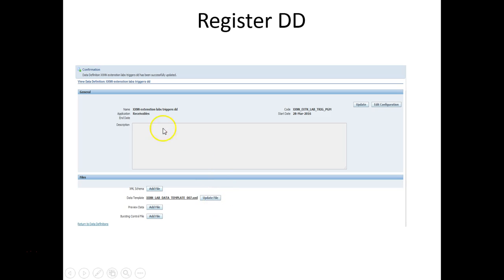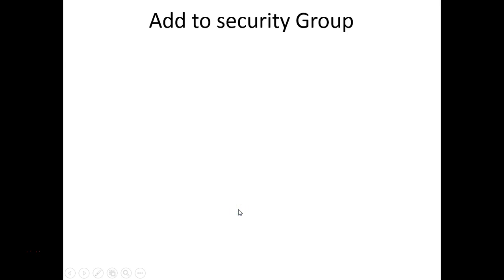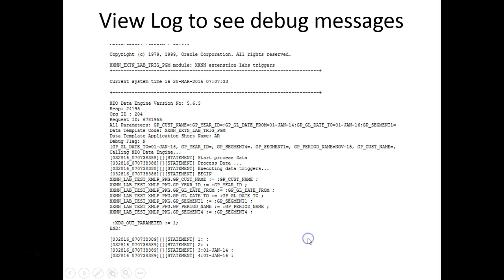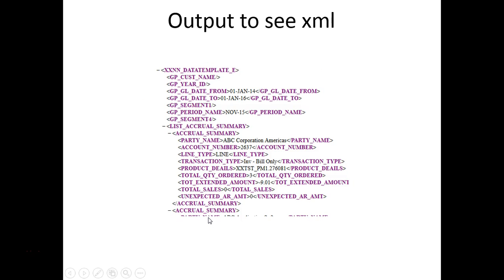Hopefully by now you would know how to register the data definition. Let's add the program to the request group or security group, then finally run the program. If you look at the view log, you would see the details, the values that are being passed, because we have enabled debug equal yes. Let's click on output. You can see the output of the XML.